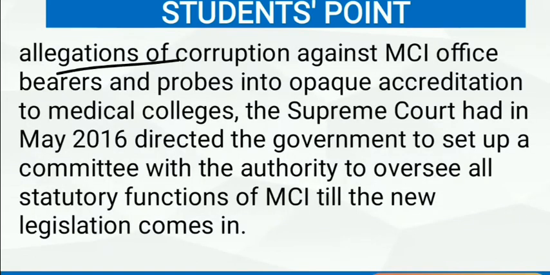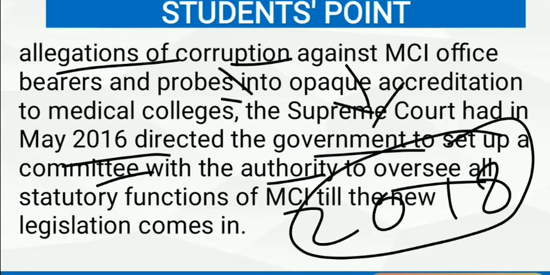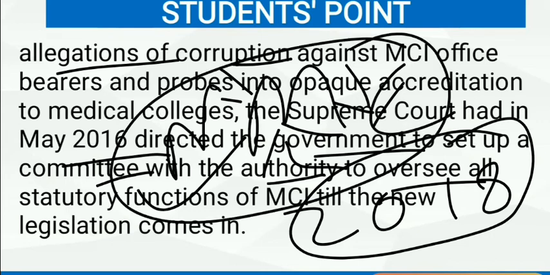MCI was alleged to be corrupt, and that is why in 2016 the Supreme Court directed the Government of India to set up a committee with the authority to oversee all the statutory functions of MCI, which the central government did. Till 2018, that committee worked for MCI, and after the law was passed, that committee was abolished and the law created NMC, which now performs the role of MCI.